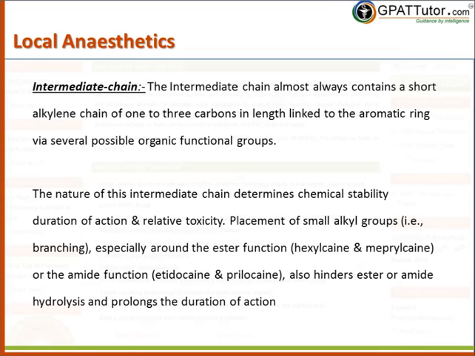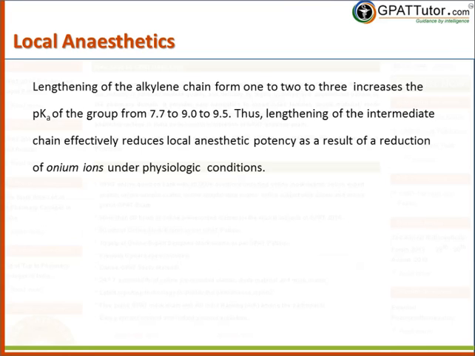Sometimes it is made up of CONH, that means amide type, which connects the hydrophilic and lipophilic portions of the local anesthetic molecule. Lengthening of this alkylene chain from 1 to 2 to 3 increases the pKa from 7.7 to 9 and 9.5. Thus, more lengthening of this intermediate chain effectively reduces the local anesthetic potency.